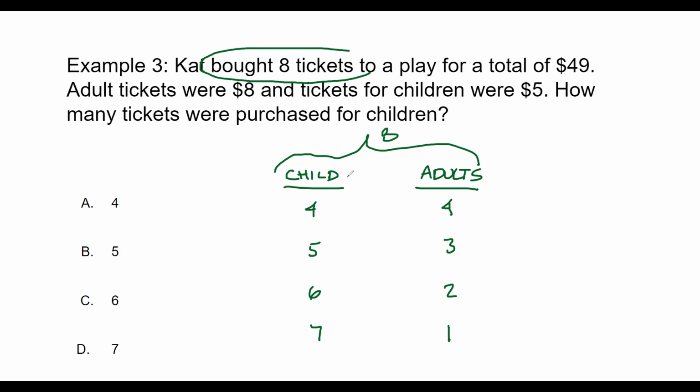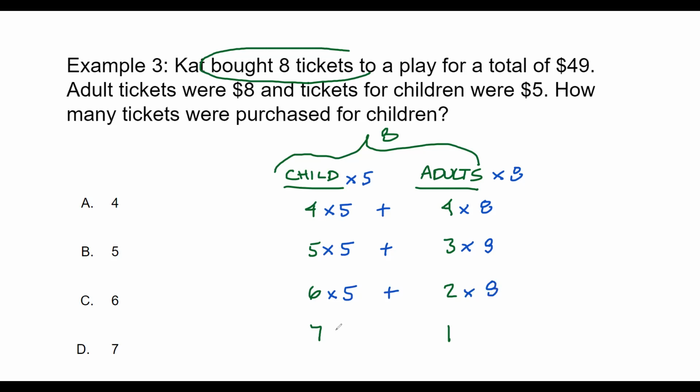Children's tickets are going to be times $5, and adult tickets are going to be times $8. So 4 times 5 plus 4 times 8 will give us the amount that would have cost. Keeping in mind that only one of these is going to be right.